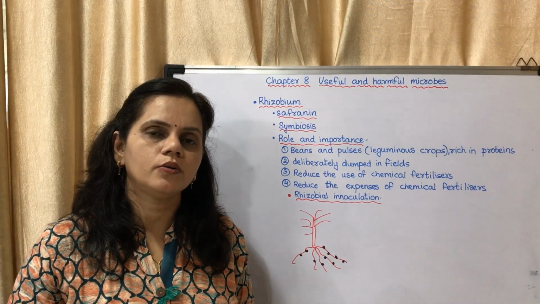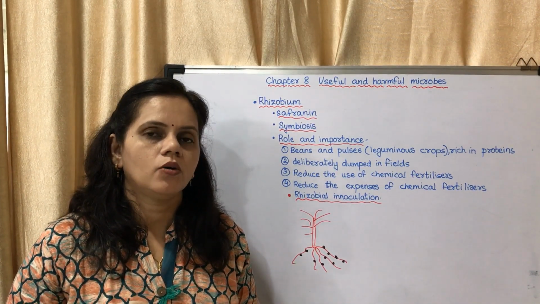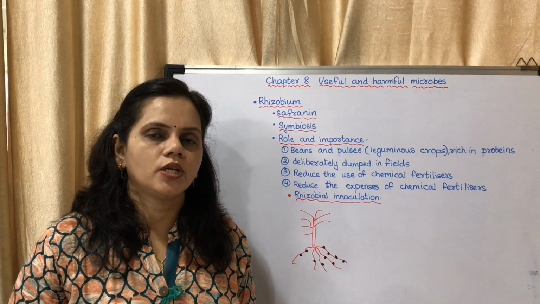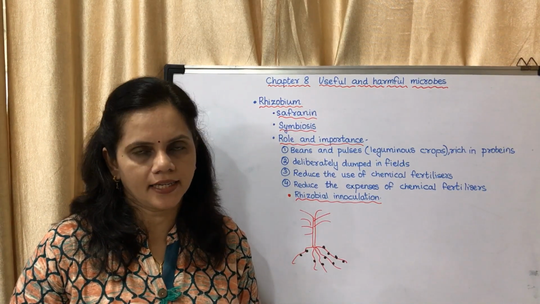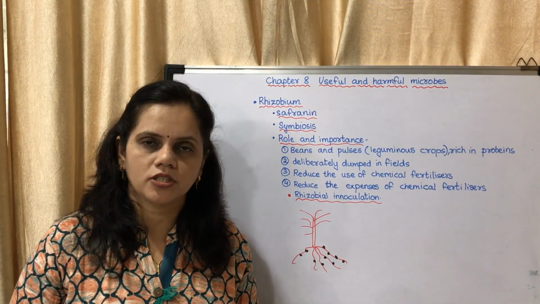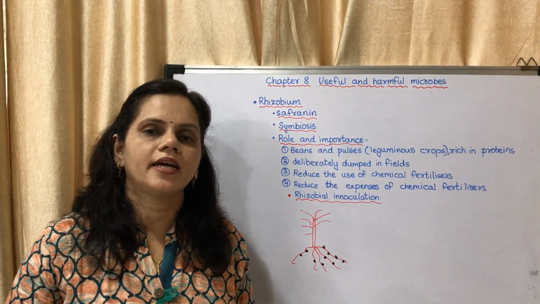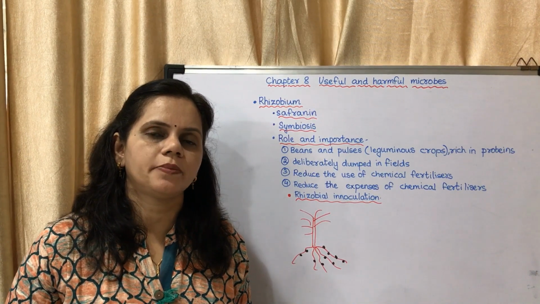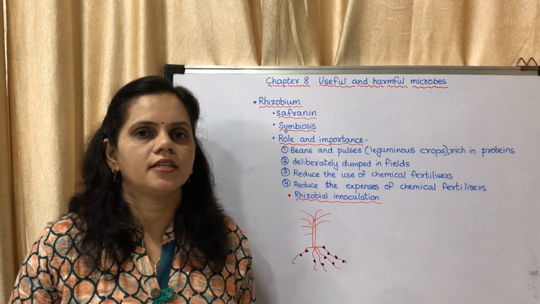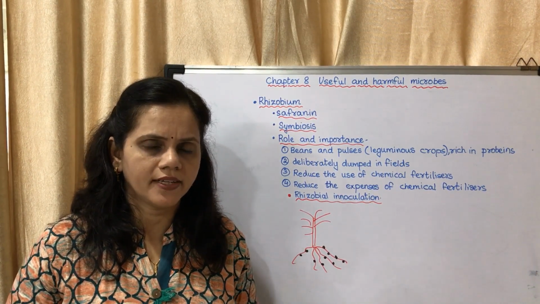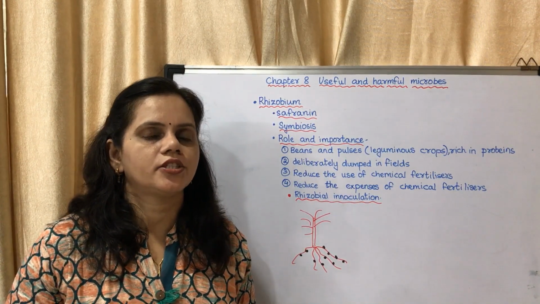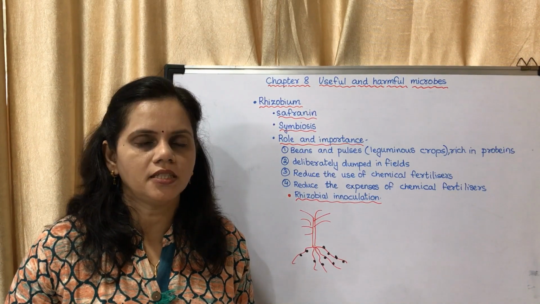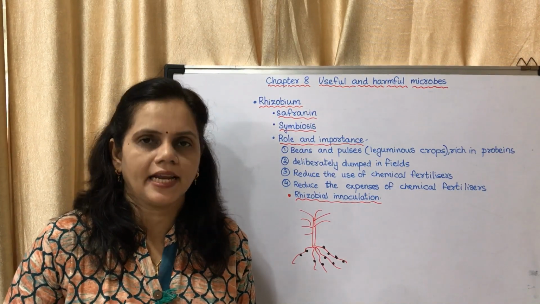Now what do these Rhizobium do? They actually convert atmospheric nitrogen to nitrites and nitrates. We studied about the nitrogen cycle, do you remember? In the nitrogen cycle, nitrogen is present in the atmosphere, about 78%, but that nitrogen is not of use to plants directly.